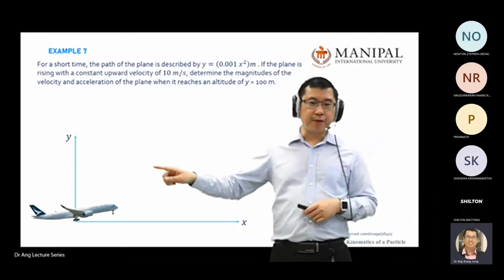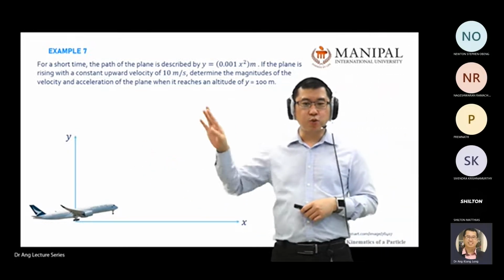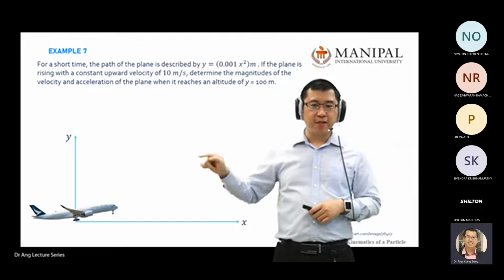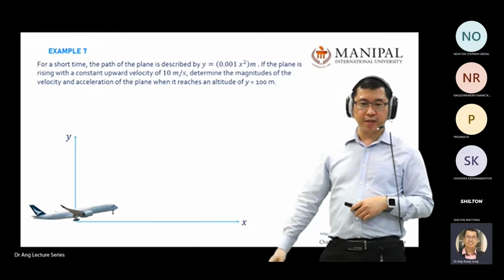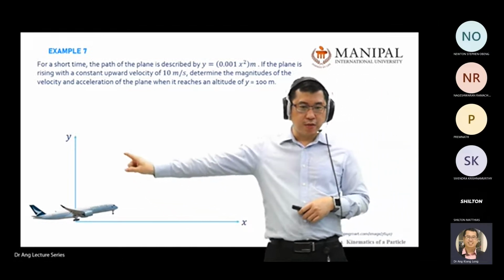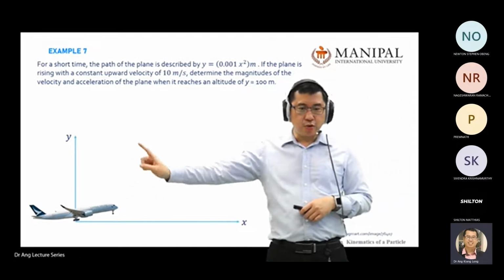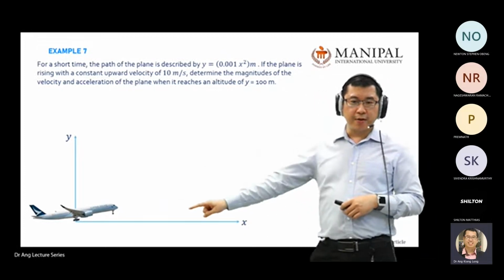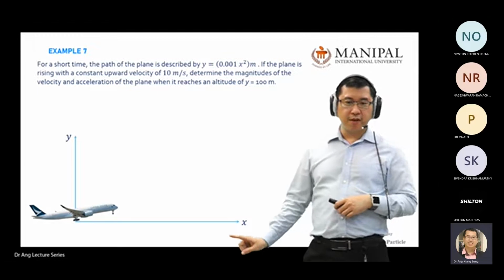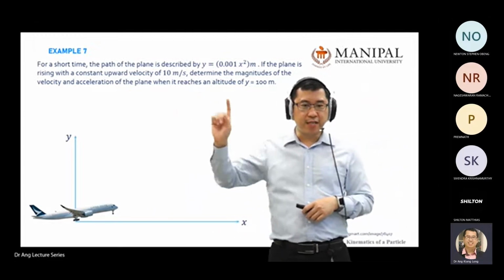Important, you need to know how to transform the information above into a graph form, or we call it the position axis. So here I draw the y and x axes as my reference axes, where my direction to the x is positive and my direction to the y is positive.